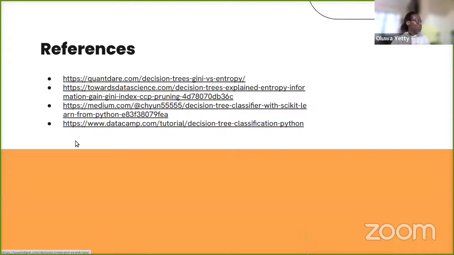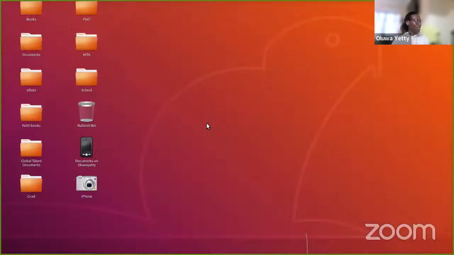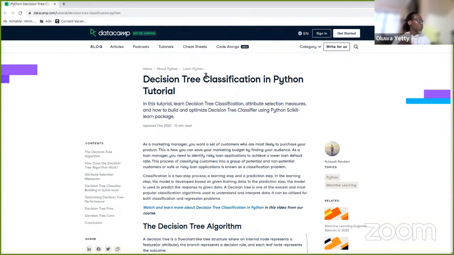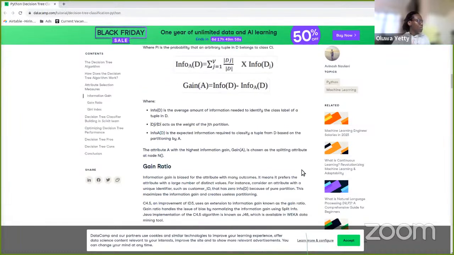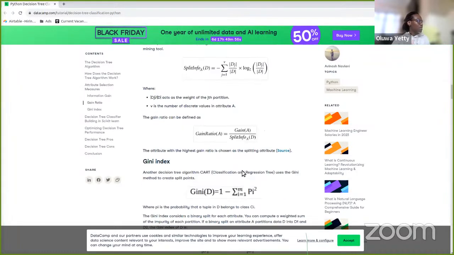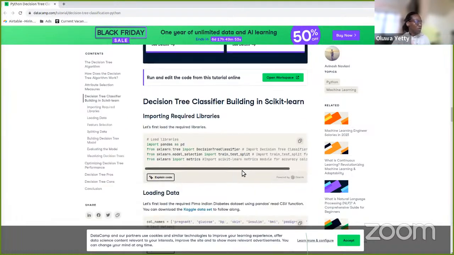And as I mentioned, please look at the references. They are very good, especially the last two. They have a tutorial, and let me just show you that one, because I think they did a brilliant job going through decision trees. They explained some other concepts that I haven't explained because we can't cover everything.